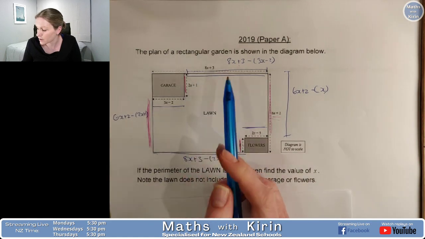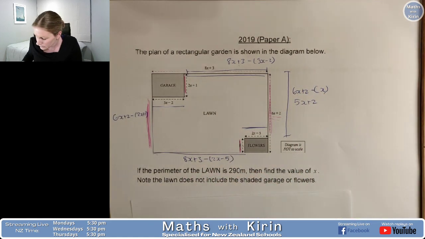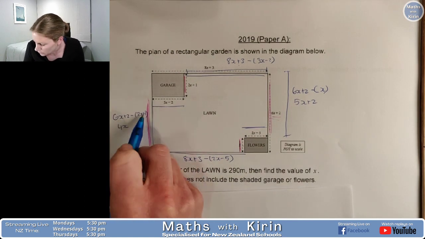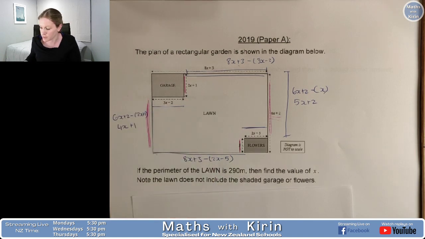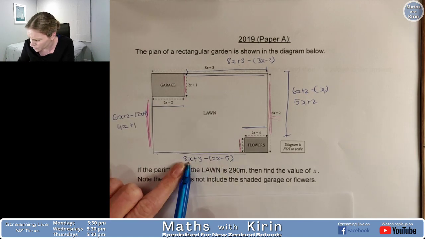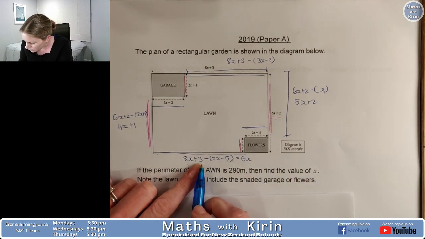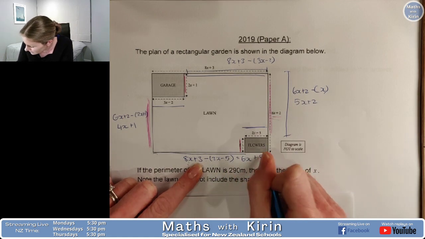And then, so for example, this would be 5x plus 2. This would be 6x minus 2x is 4x. And then 2 minus 1 is 1. So that would be 4x plus 1. This down here would be 8x minus 2x, which is 6x. Then 3 minus negative 5 is positive 8.